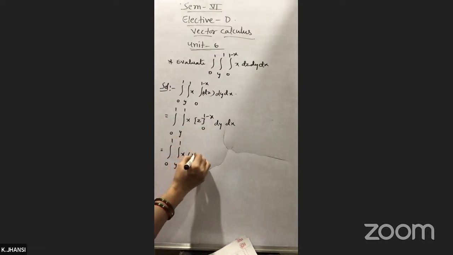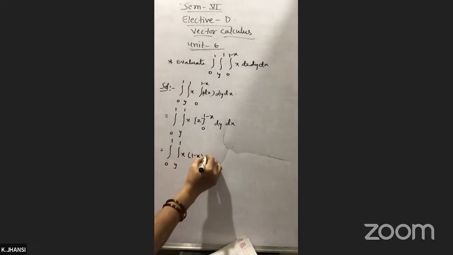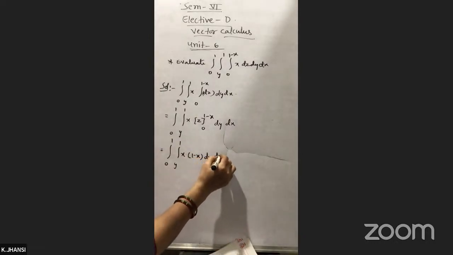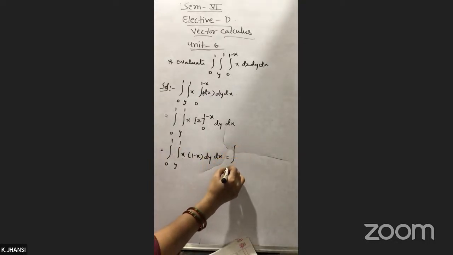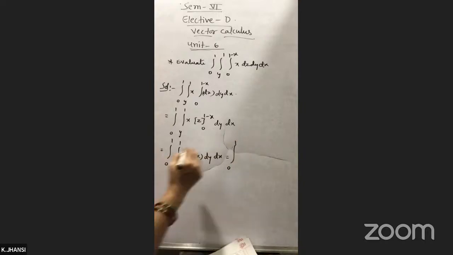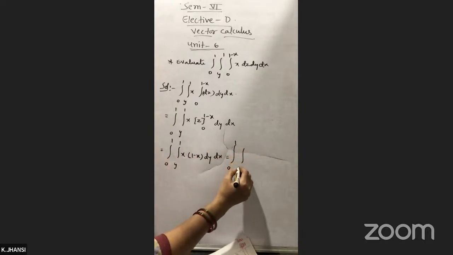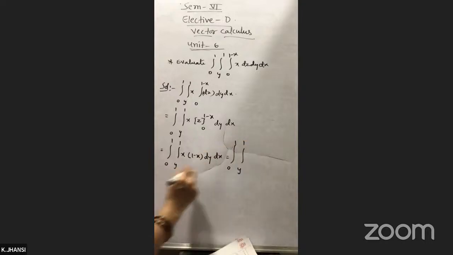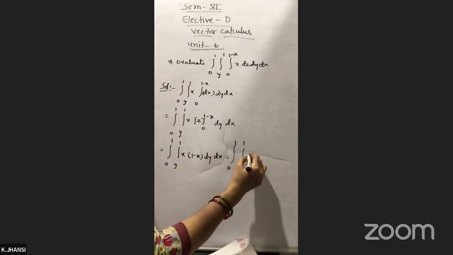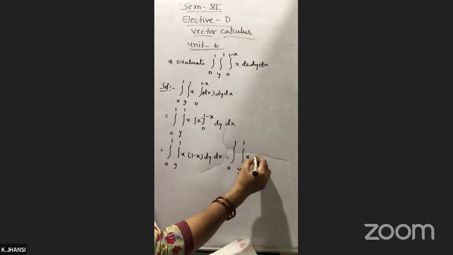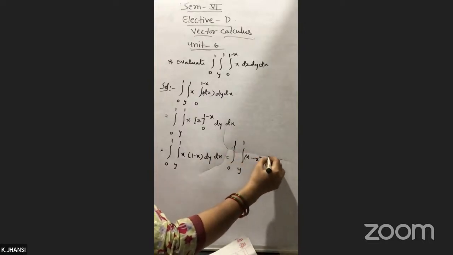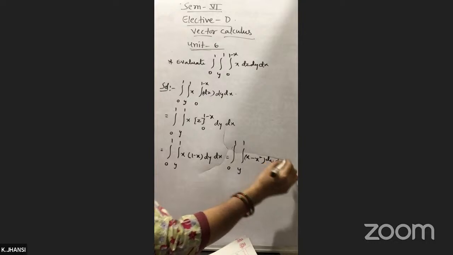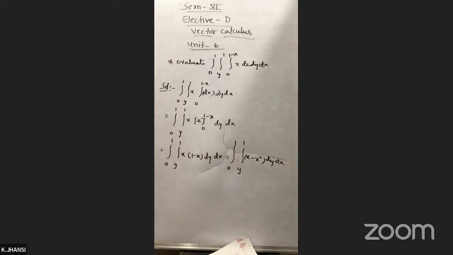That means x into 1 minus x dy dx. Okay. So it is equals to integration of 0 to 1 and integration of y to 1 x into, that is if you multiply x with that, x minus x square dy dx. Okay.